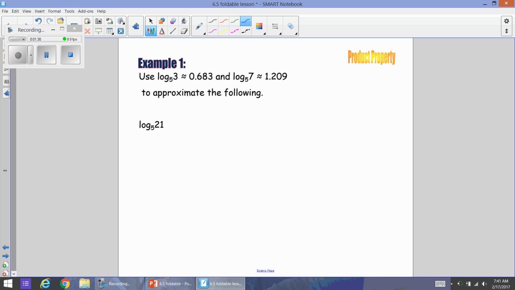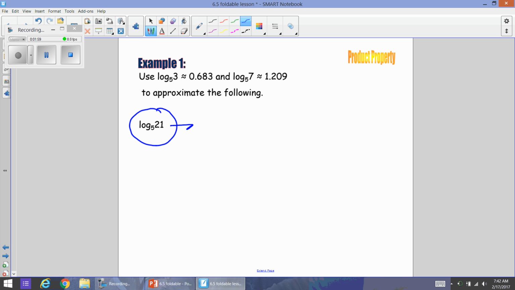Now, we're going to do some variable problems in here, but first let's cut to the chase with our actual values, our numbers. Basically what is happening is we are supposed to approximate log base 5 of 21. Now we could put this in our calculator, of course we could, and our calculator would give us the answer and we're done. But there is a way to do this without the calculator. And it is breaking this up, saying, hey, wait a second.